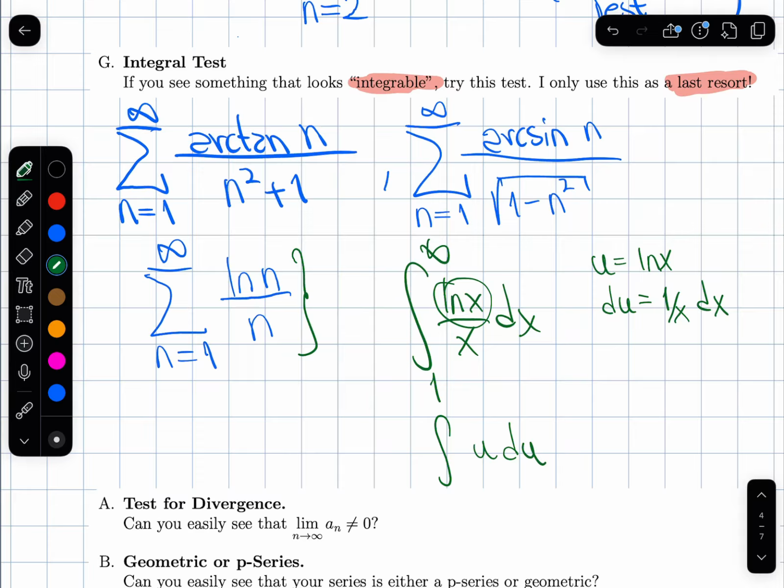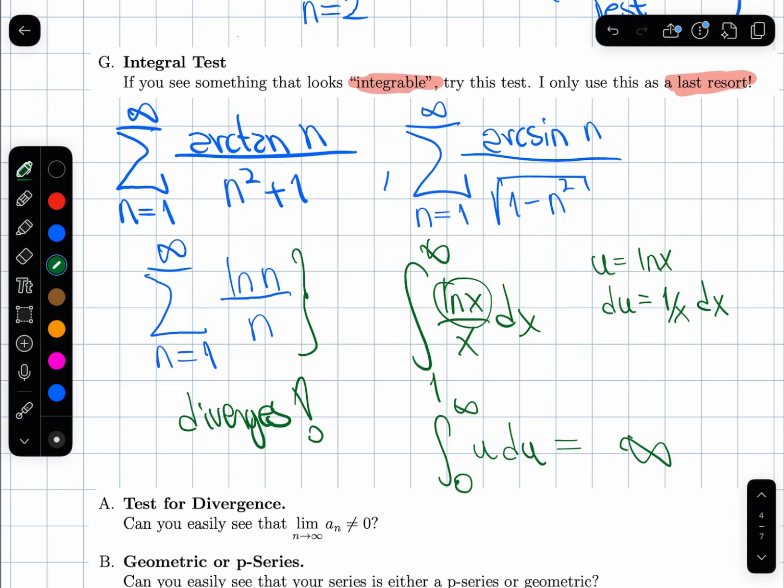And this time ln of 1 is going to be from 0 to infinity, like that. So can you do this integral? Does that look like something that you can solve? So by looking at this and seeing that it looks integrable, then I would consider the integral test here. So I think this one is fine. And I think this one diverges. But again, double check my work and actually calculate the integral to figure it out.